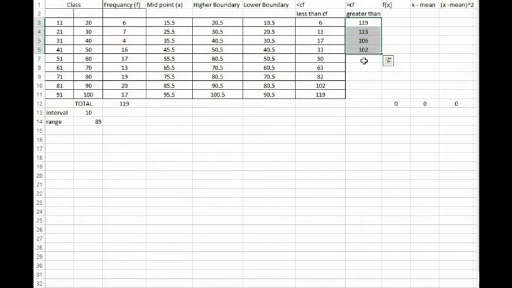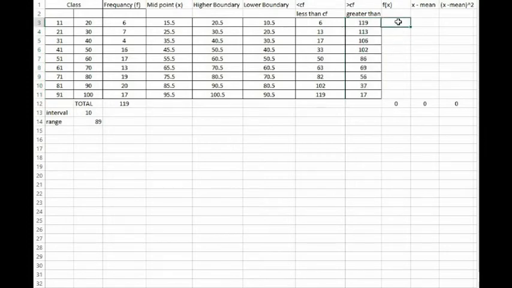Yan. So, try natin siya i-drag down. Na dapat, ang nasa pinakababa niya is magkaparehas yung frequency nung nasa baba. So, ito naman ngayon ang ating greater than CF.